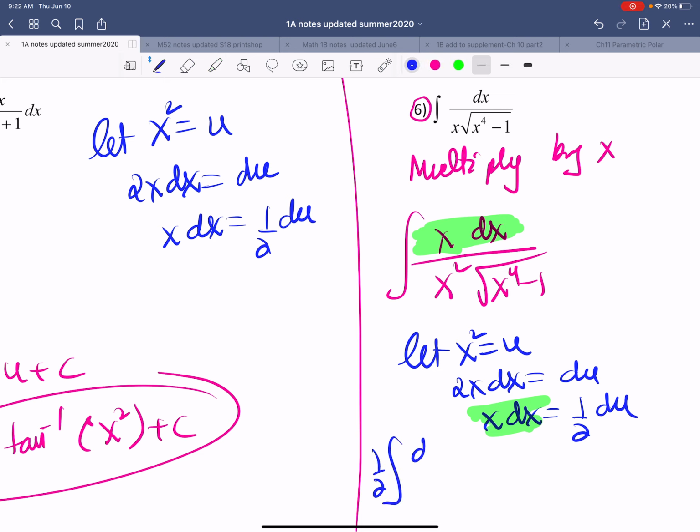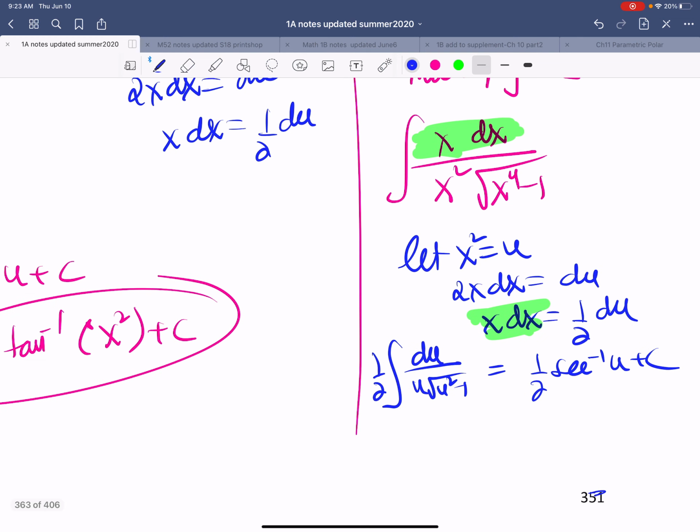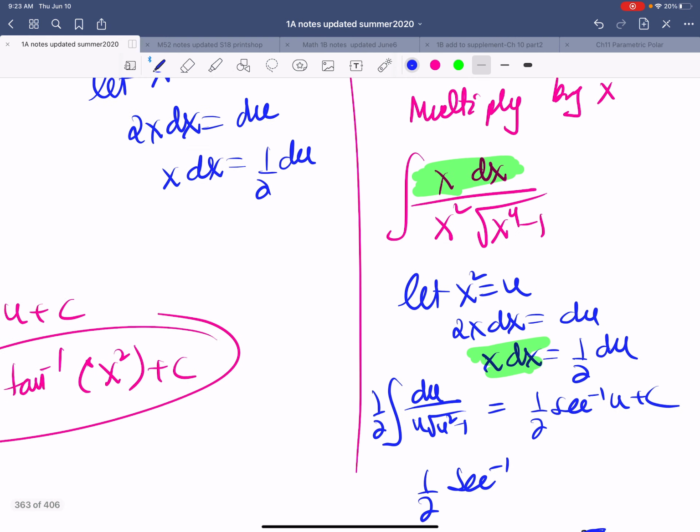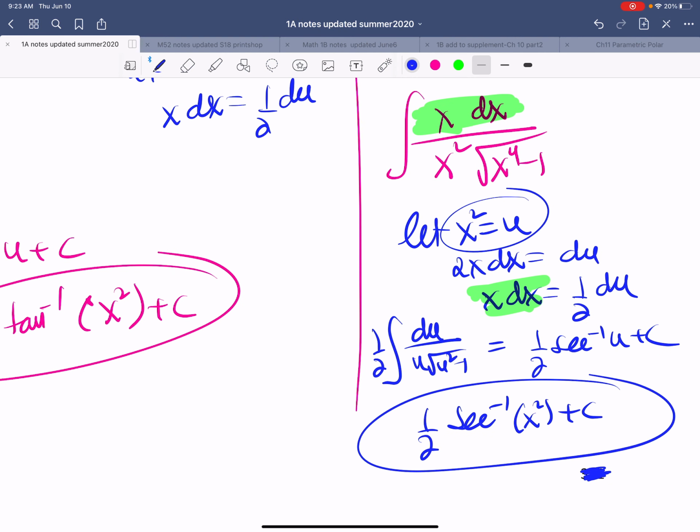So I can pull 1/2 out, du there. And x squared is u, square root of u squared minus 1. Definitely a secant inverse u plus c. We don't forget to change the u back to whatever we called u in the beginning. The u was x squared, secant inverse x squared plus a c.